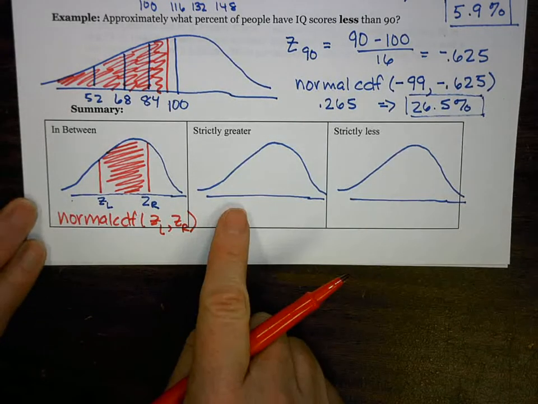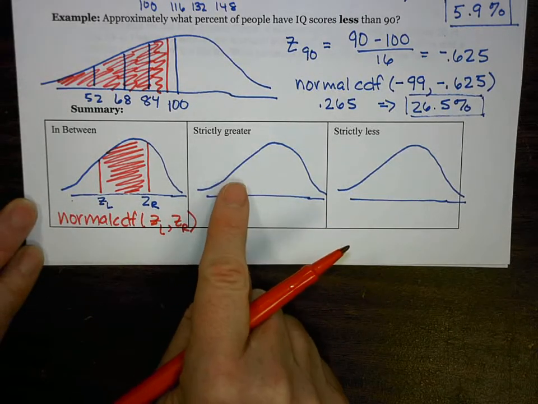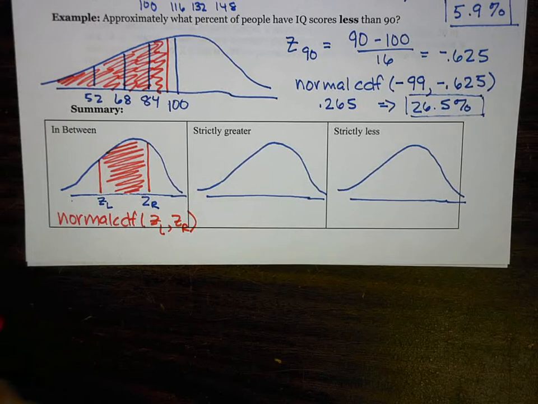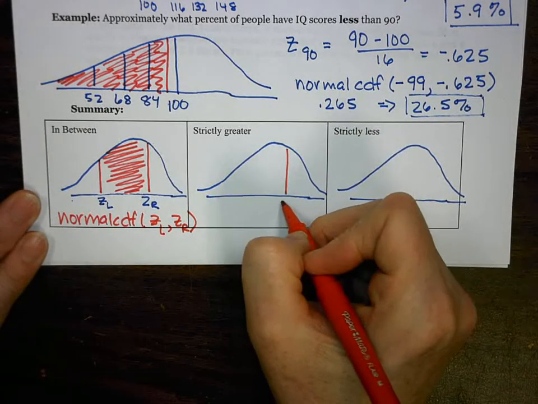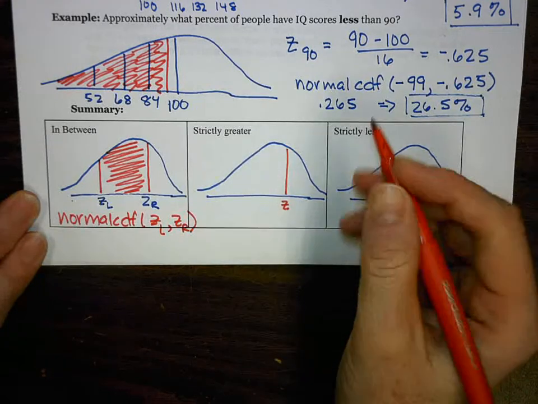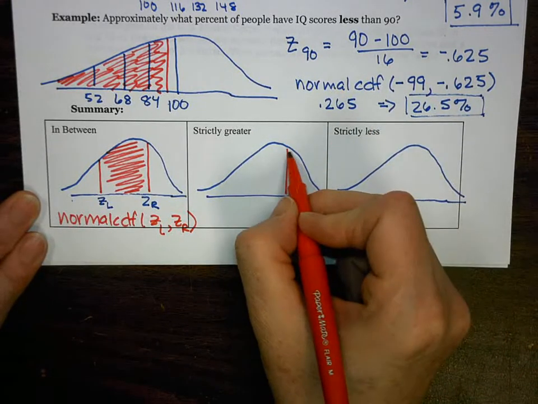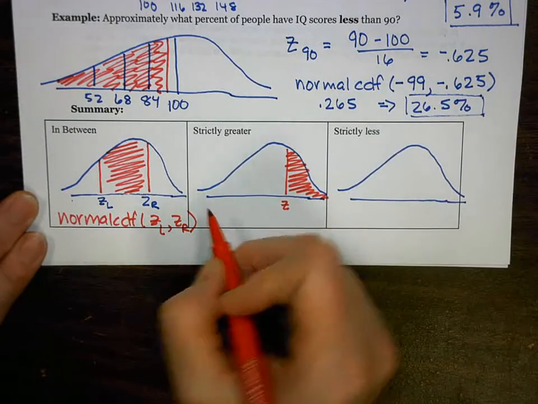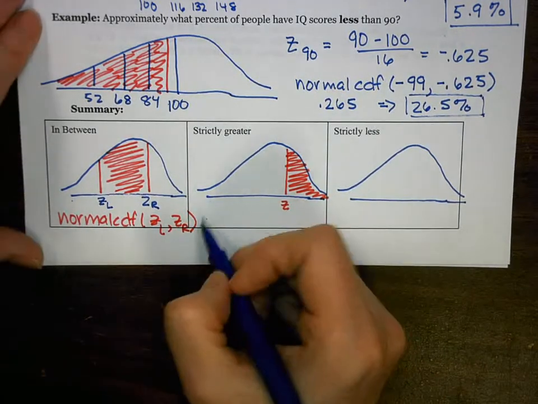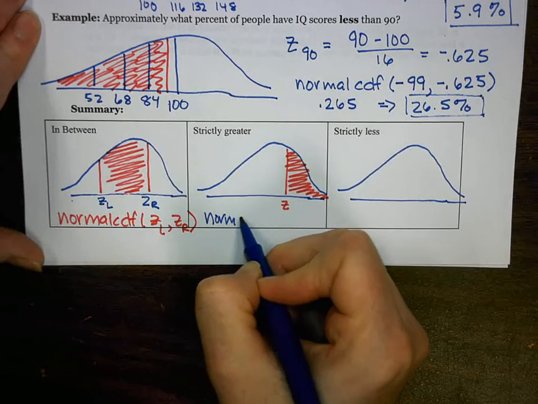That's what we do. If the question says what is greater than a certain value, we're going to have a value. You can call it z or z left if you like. And then we're going to sketch in the rest of the curve, in red and blue.